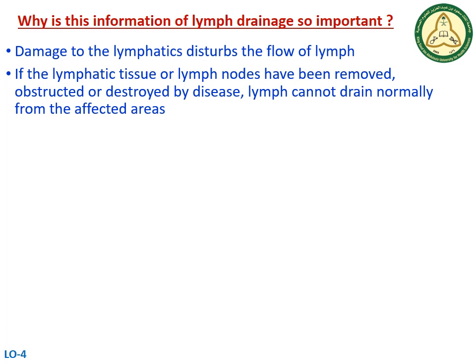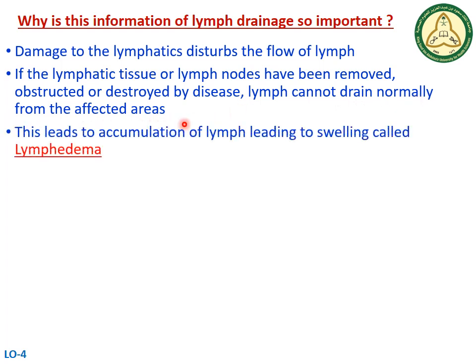So if in the lymphatic system lymph nodes have been removed, obstructed, or destroyed, lymph cannot drain normally from the affected area. This leads to accumulation of the lymph and causes edema, and if the lymph accumulates and causes swelling, that condition is called lymphedema.